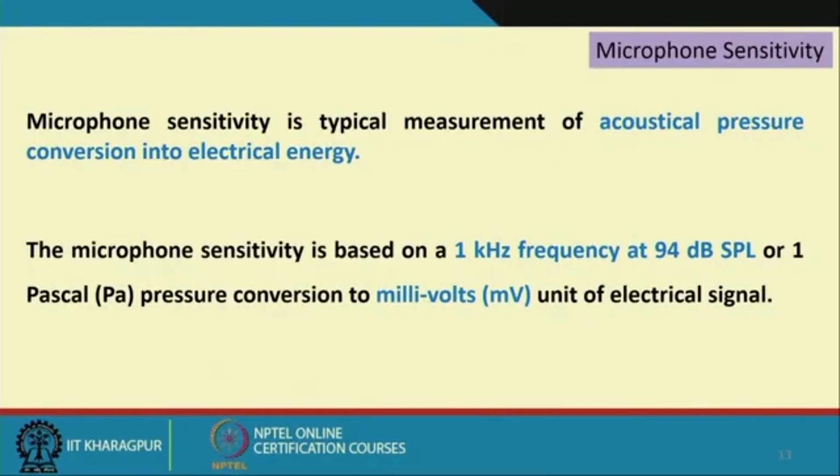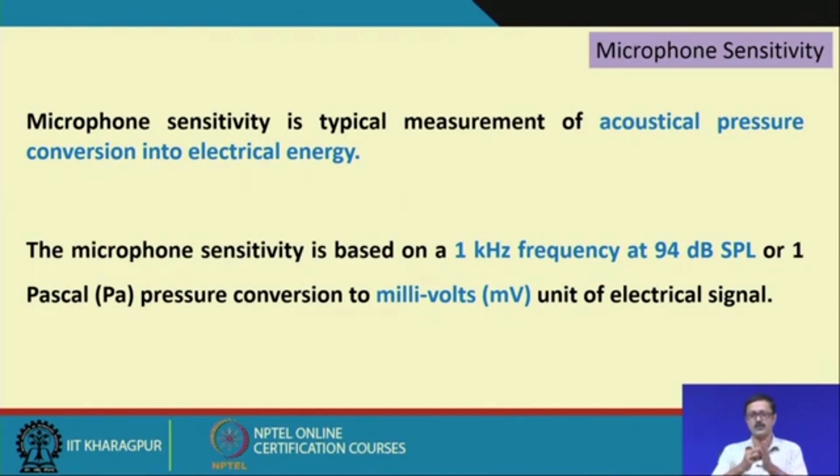It captures the sound and then translates that mechanical vibration of the sound to an electrical impulse. So, the 1 kilohertz frequency of the sound at 94 dB SPL, or 1 Pascal sound pressure, is the reference level, and how much it is converting into millivolts of electrical signal is the sensitivity of a microphone.